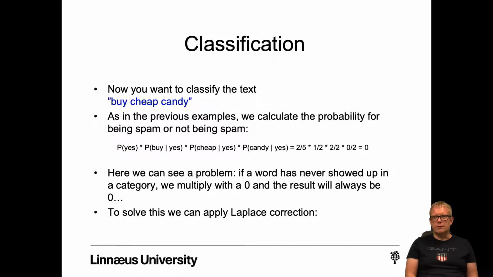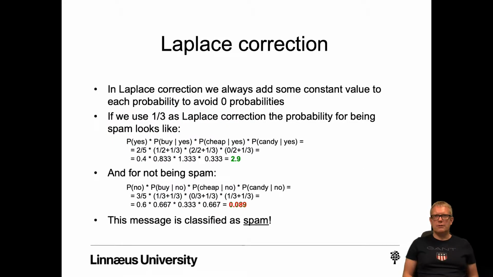So we need to solve this in some way, and one way is to use the Laplace correction. In Laplace correction, we always add some constant value to each probability to avoid 0 probabilities in the multiplication. So if we use 1/3 as Laplace correction, the probability for being spam looks like 2 divided by 5, probability of yes.